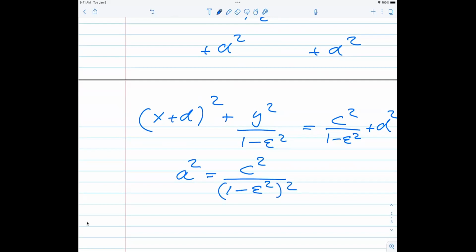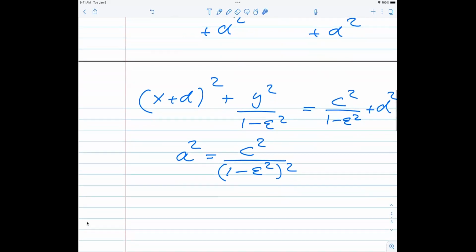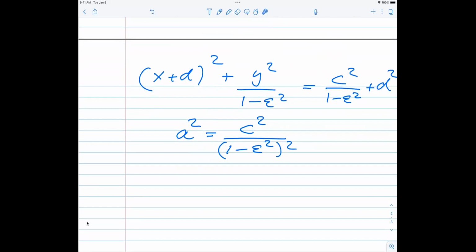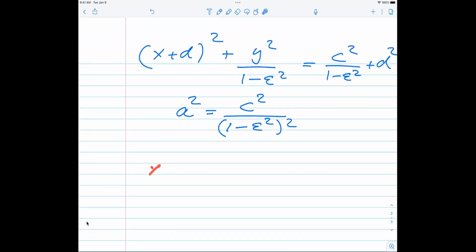And if I do that, then if we look at the term on the right-hand side, I can rewrite it as follows. I multiply with 1 minus epsilon squared. So I can rewrite everything which we have here as x plus d squared plus y squared over 1 minus epsilon squared.